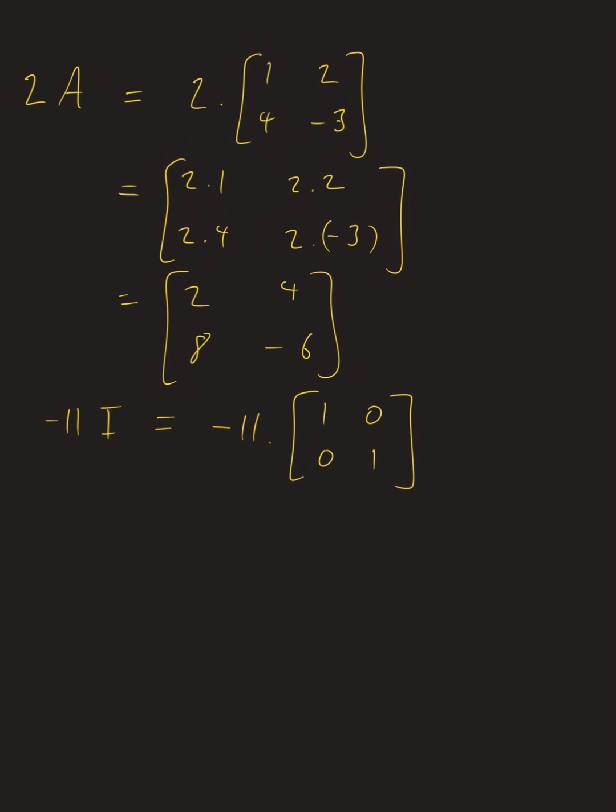If you recall from the notes, the I matrix is the one that if you multiply it by another matrix you get that same matrix back. For example, any matrix A times I is equal to A, and I times any matrix A is also equal to A. So that's the matrix with that special property.